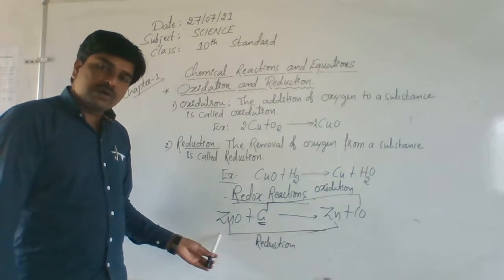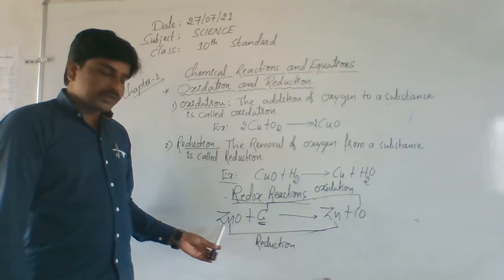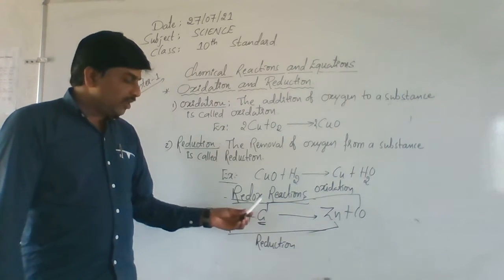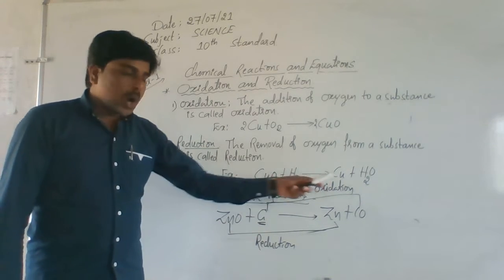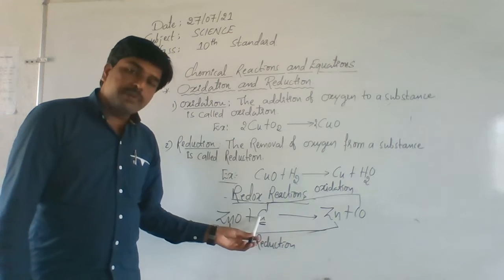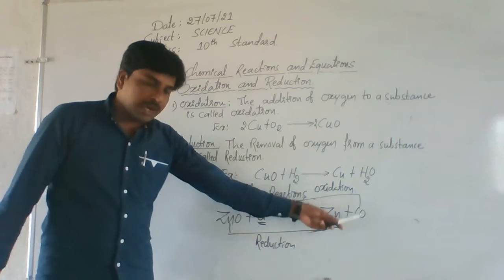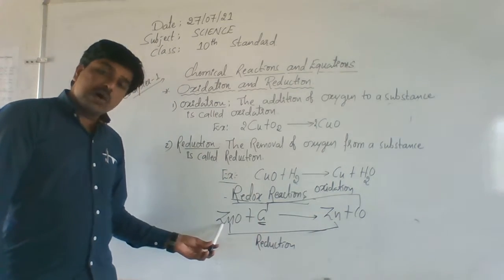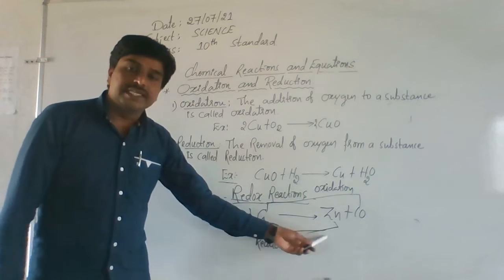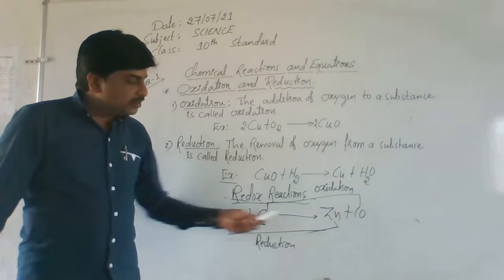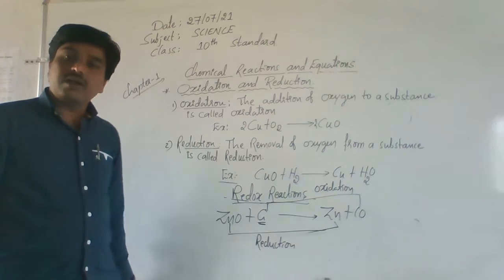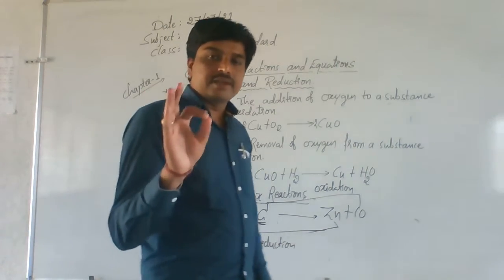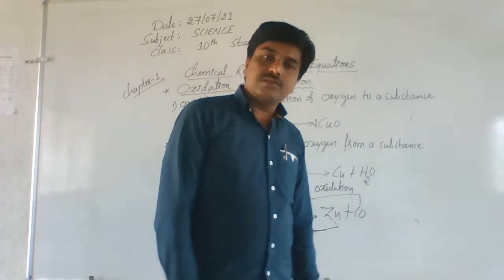In case of zinc oxide, reduction happens. In case of carbon, oxidation happens. This carbon gets oxidized to form carbon monoxide. Zinc oxide is reduced to form zinc. Clear? This kind of reactions are called what? Redox reactions.